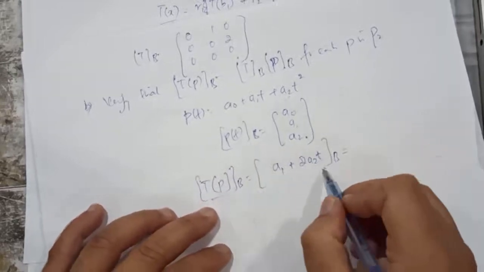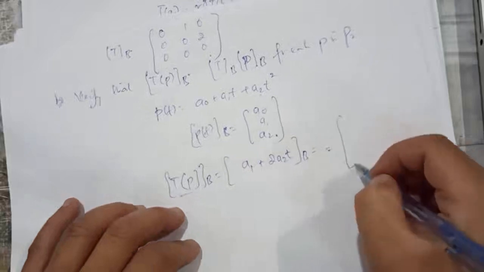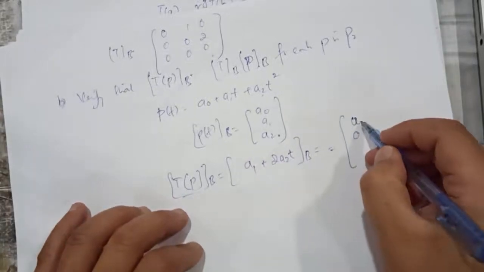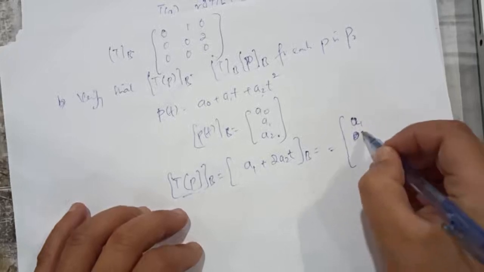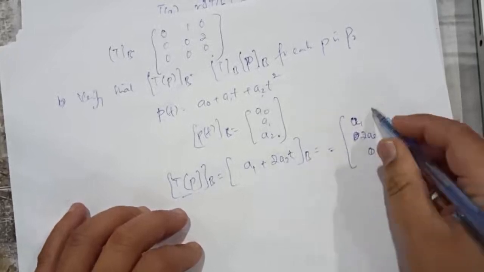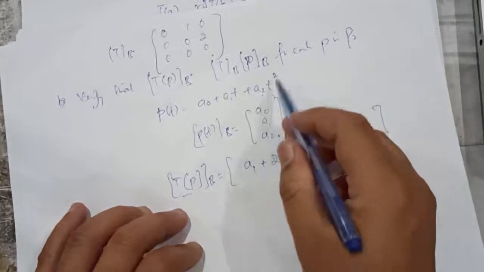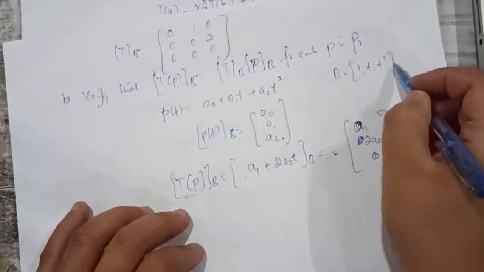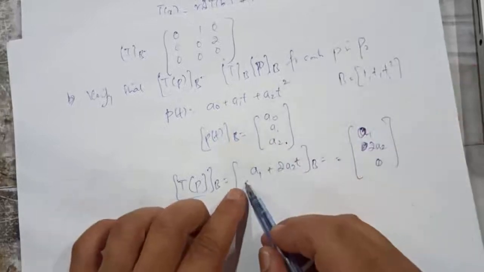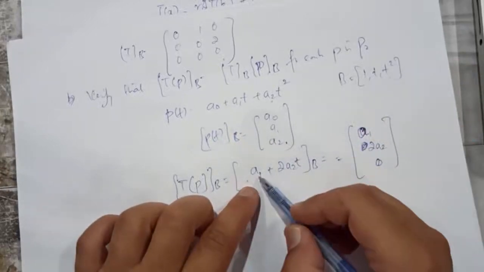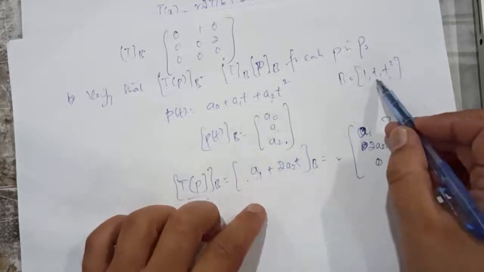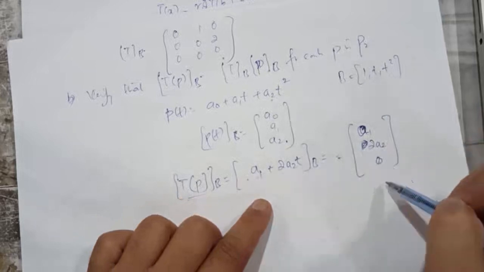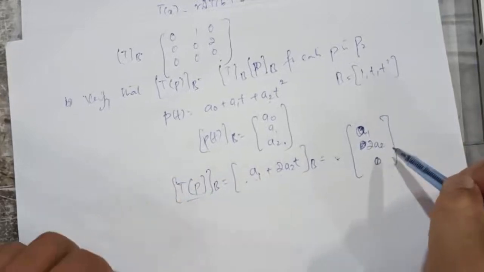Now if I represent that in terms of bases, that will be, oh no, sorry, a1, 2a2, and then of course 0. The bases are, remember, 1, t and t squared. So corresponding to unity you have a1, corresponding to t you have 2a2, and for t square you have nothing. So it means a1, 2a2 and 0.